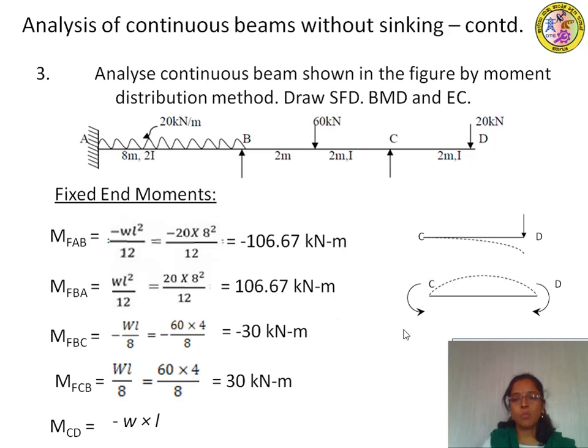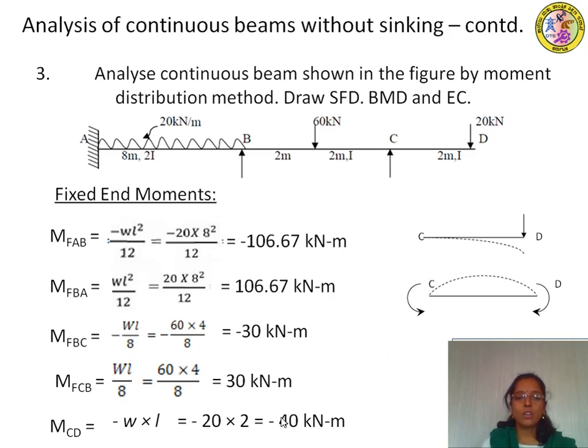This minus is because of the hogging direction. So that will be equal to minus 20 into 2, that will be equal to minus 40 kilonewton meter. So that is the calculation of fixed end moments.